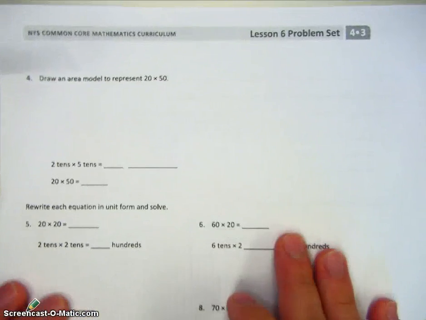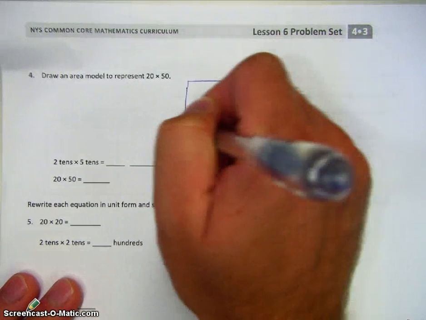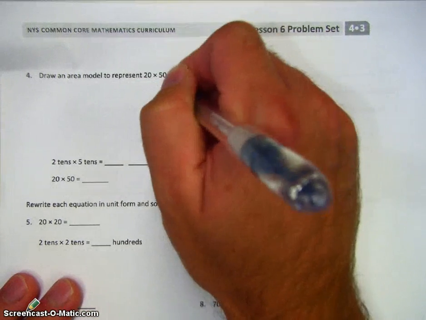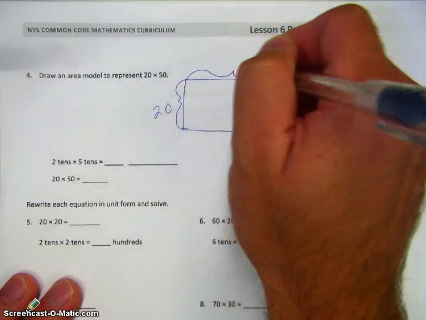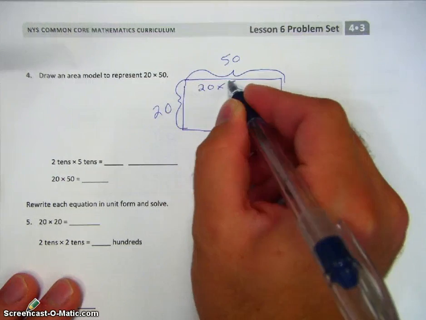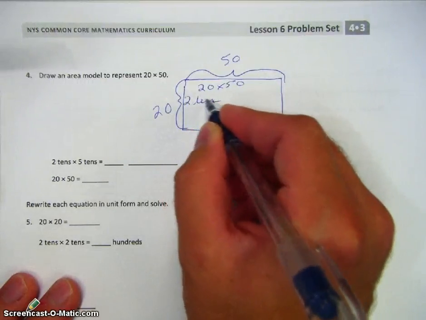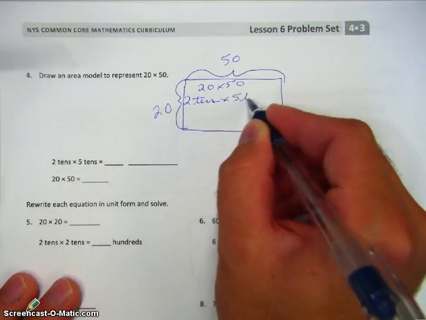Taking a look at our next slide, this time we have 20 times 50 for our area model. So now we have 2 tens times 5 tens.